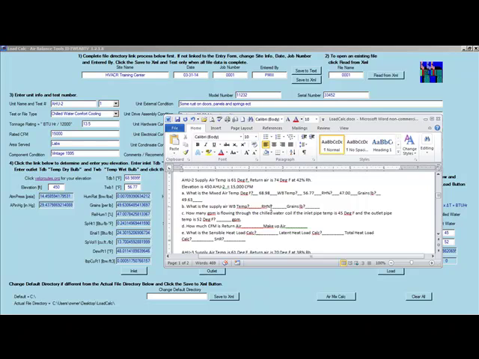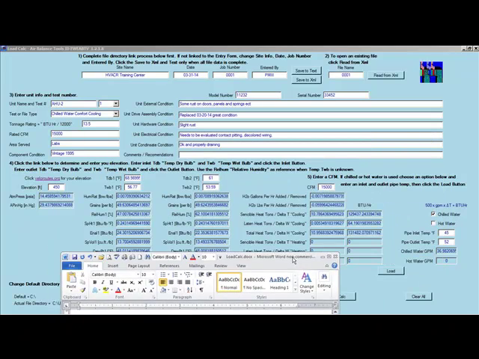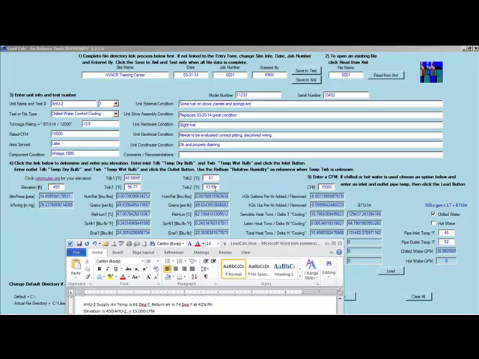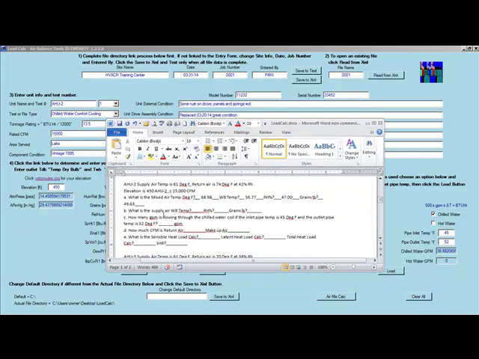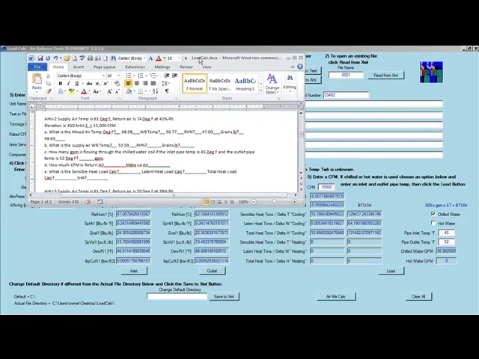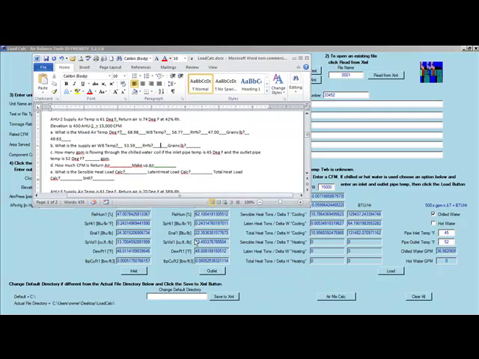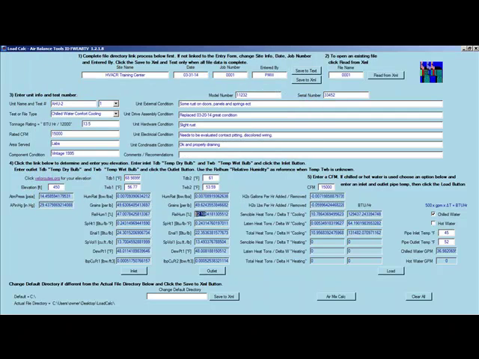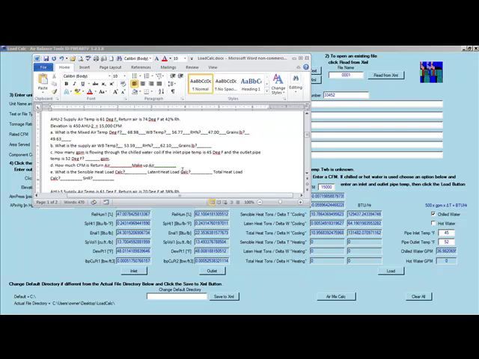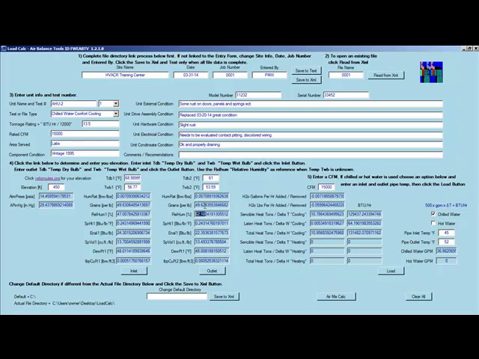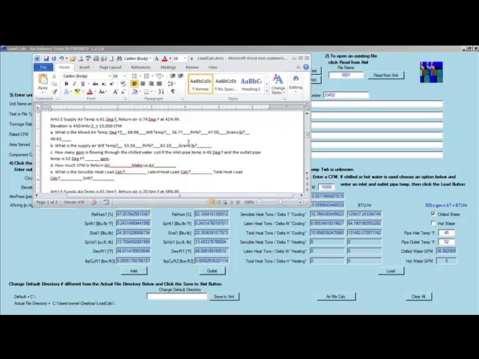What is a supply wet bulb, RH, and grains? Well, based on these conditions we said, our wet bulb is this. What is our RH? What is our grains? How many GPM is flowing through the chilled water coil if the inlet pipe is 45 and 52?